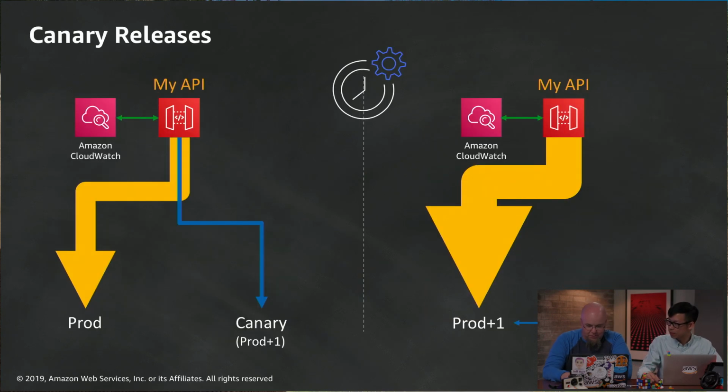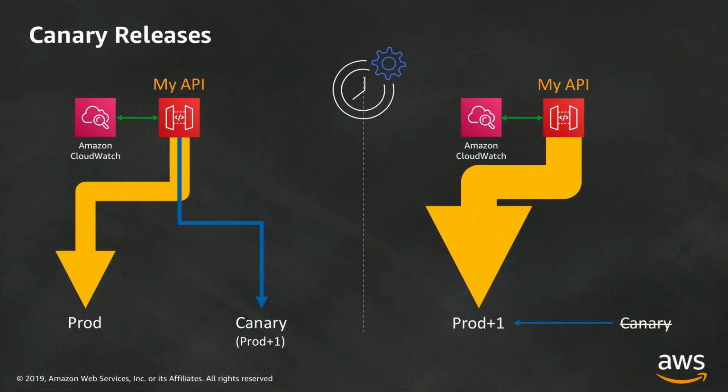Let's talk about Canary Releases, which really ties into your question, right? What a Canary Release does is it lets you specify a percentage of requests that go to your next version from your current version. Let me break that down a bit. Let's say we're making that authorization change that you talked about, Eric.